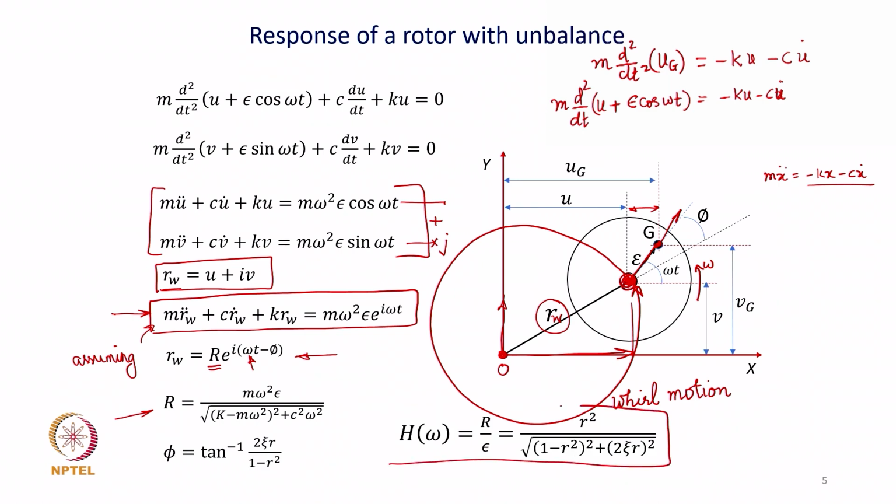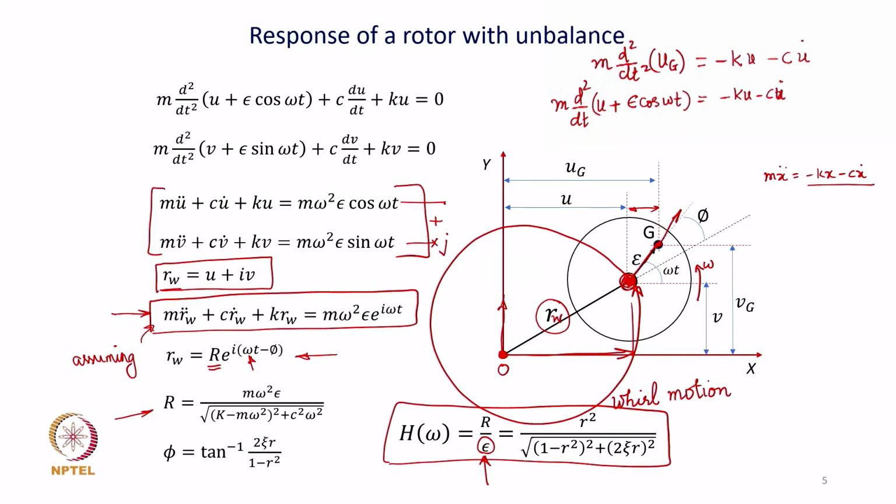That is basically r over epsilon, r square upon the denominator, right. So, this is a dimensionless response, non-dimensionalized or normalized with respect to the eccentricity epsilon. Now, the unbalance eccentricity epsilon for a given rotor is not going to change with rotation or with speed. For a given rotor bearing system, unless the unbalance changes for some reason, epsilon is going to be a constant value. So, you are normalizing capital R with respect to the unbalance eccentricity, and the expression that we got here is similar to what we discussed a couple of slides back.